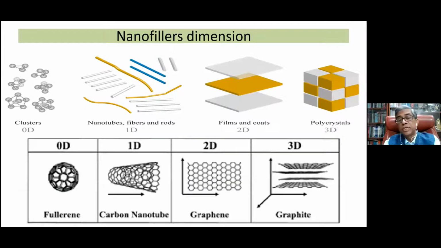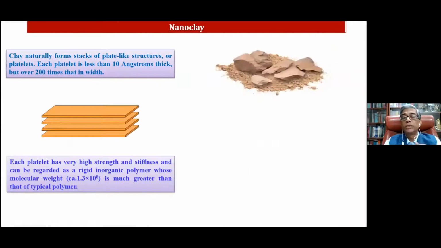Based on these structures, we define nanofillers as zero, one, two, or three dimensional, and we must know that. Then we can play with what kind of orientation and structures we will use, so one has to select according to the application.